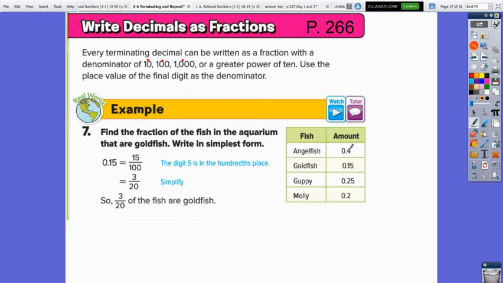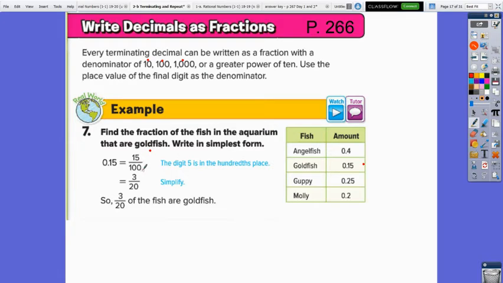And their example here is a table of fish in an aquarium with decimal amounts of how much fish is in there, and they want it converted to a fraction. What fraction of the aquarium is goldfish? So goldfish is 0.15 as a decimal.